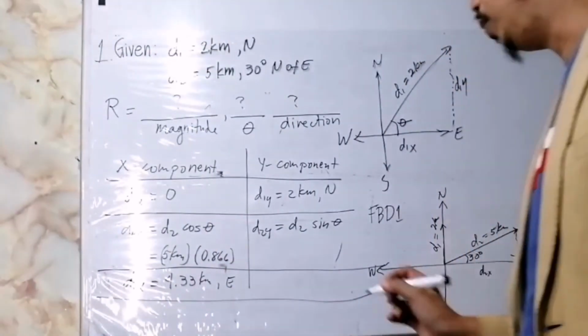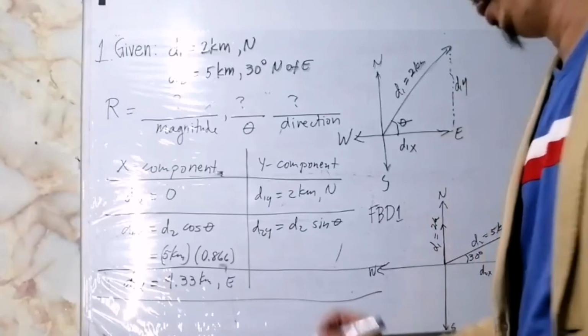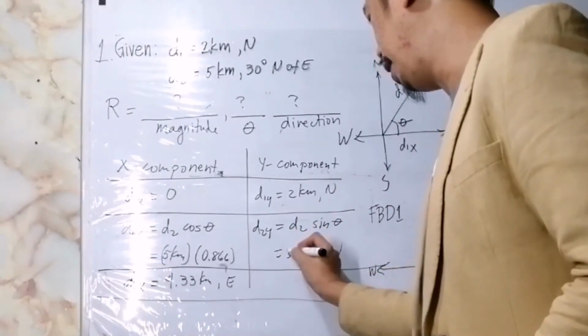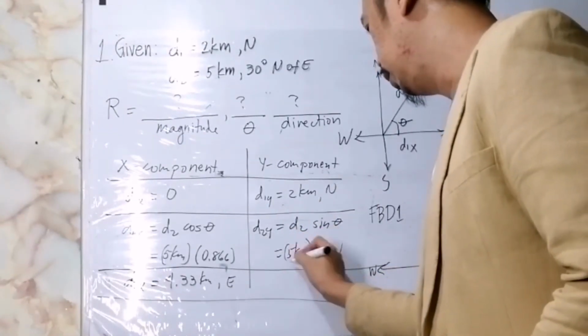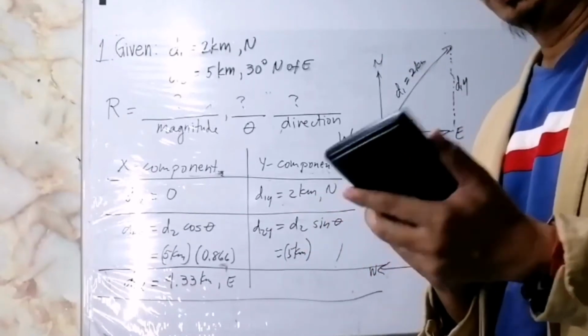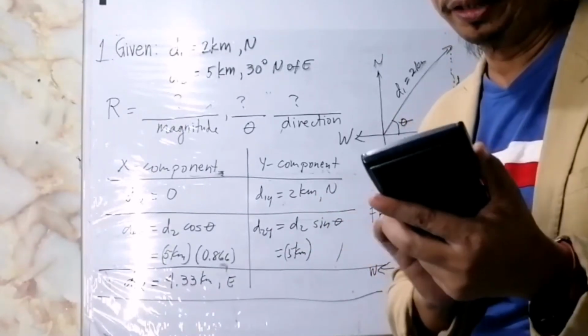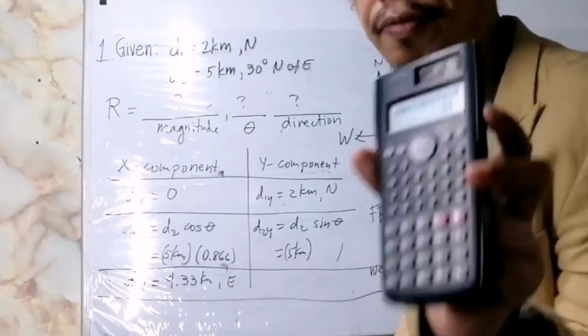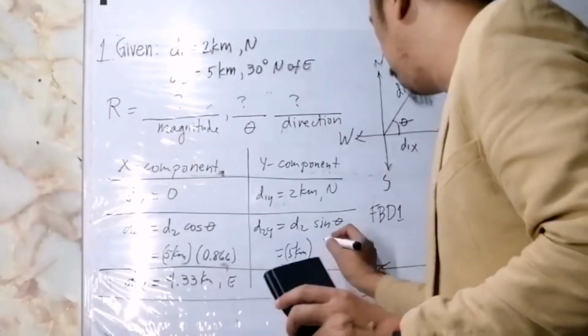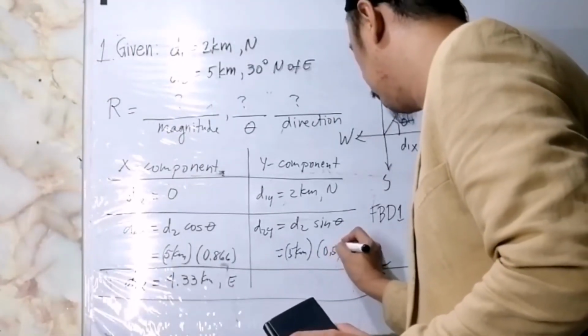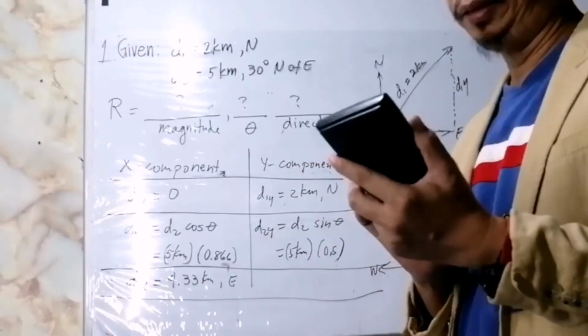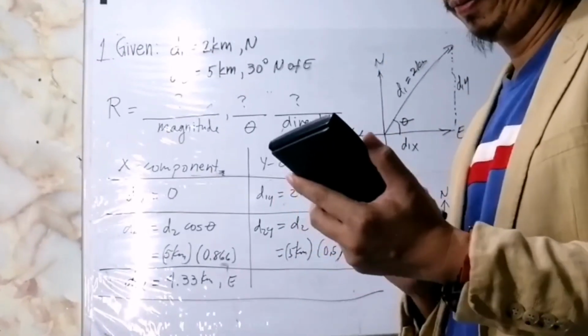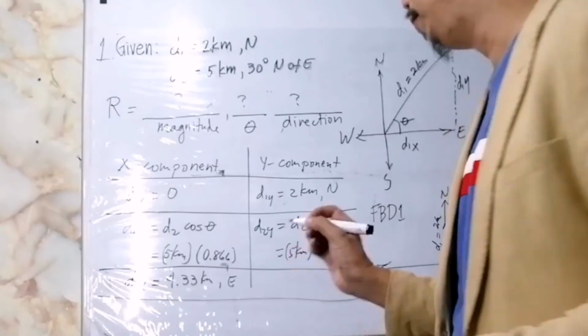Okay? Now, let's go to D2y. So D2y, we have 5 kilometers. Then sine 30. So press sine and then 30 degrees. 0.5. Okay? So we put 0.5 here. So times 5. So we have 2.5.